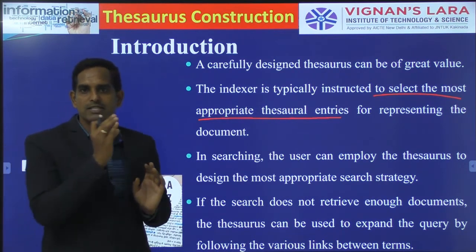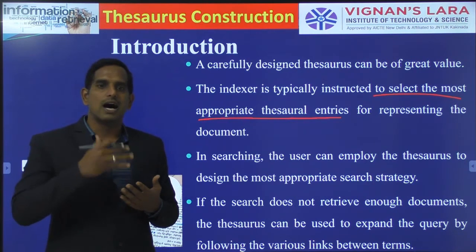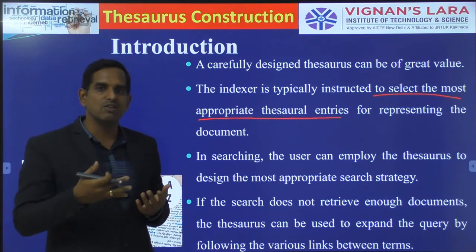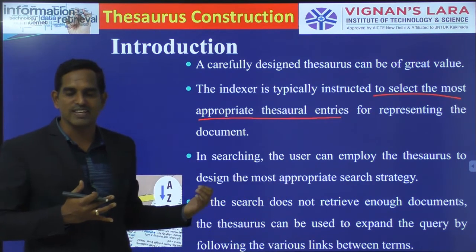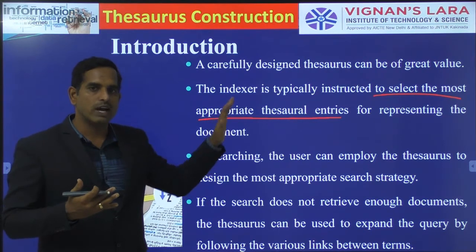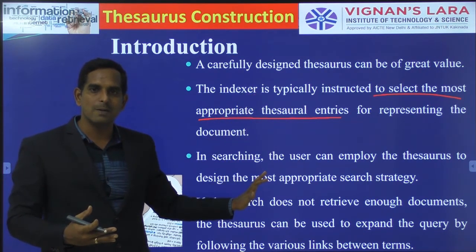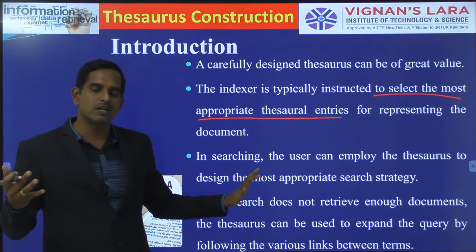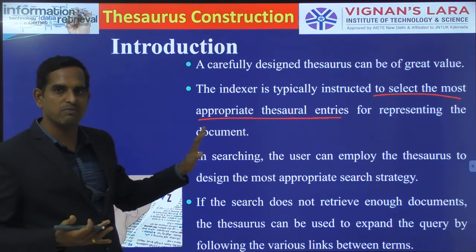If your basic term is not giving enough results, you can use alternative words or related words which can give you better results out of your information retrieval system for the query. So this is how your Thesaurus can be helpful while indexing, to give you better indexing terms, and while searching, to give you the related terms and the related search entries.